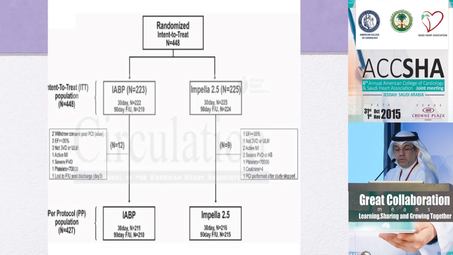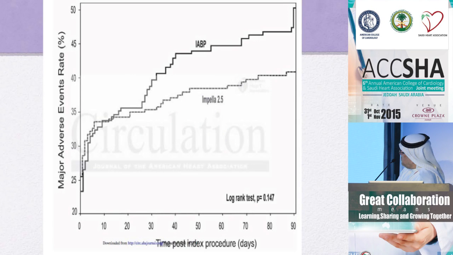The Impella 3.5 is the one that we use. This is a comparison between the intra-aortic balloon and the Impella, showing the superiority of the Impella in major adverse events in stable patients, not in cardiogenic shock. Again, I'm repeating this because this is not a shock trial.